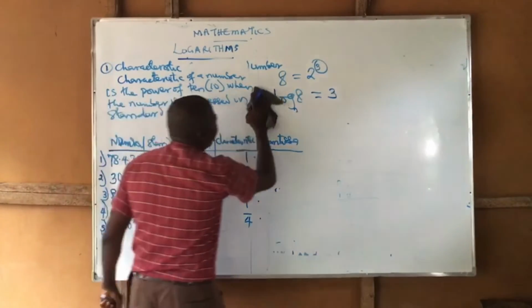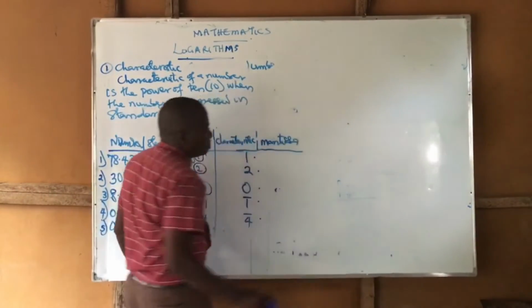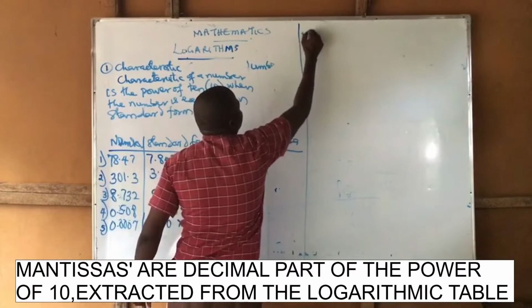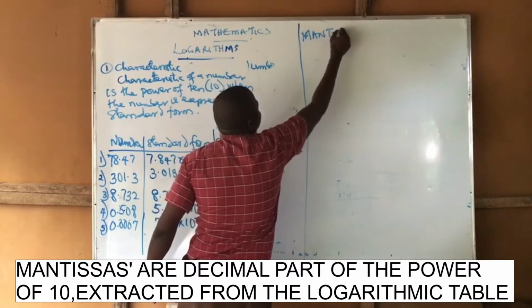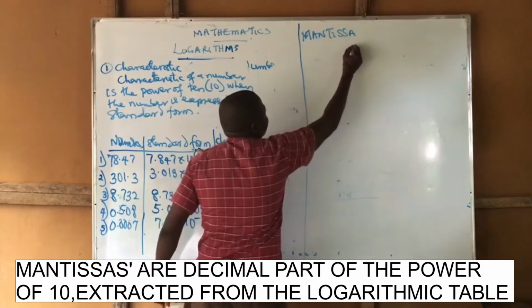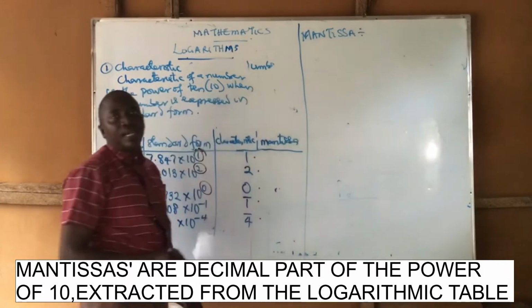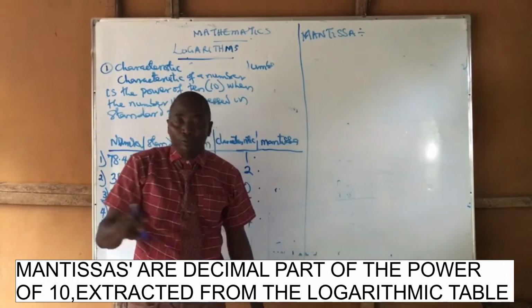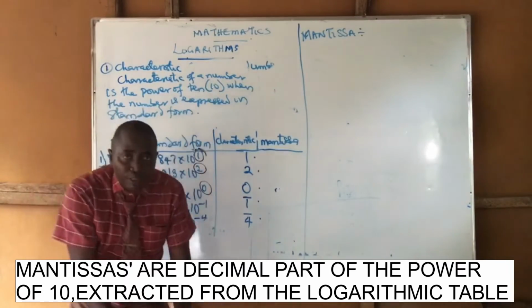Then we shall now look at the mantissa. What is mantissa? Mantissa are decimal parts, the power of 10 extracted from the 4-figure table.